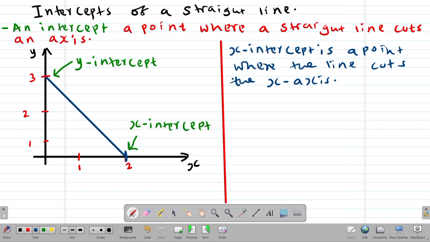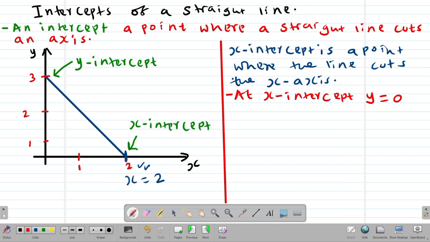For example, in this case, we can say the x-intercept of this particular line is equal to 2. Now, there is a point that you need to note here. At the x-intercept, the value of y will always be equal to 0, or the y coordinate will always be equal to 0.